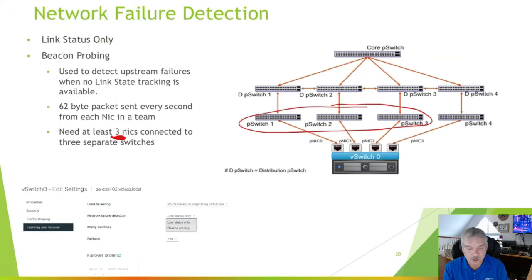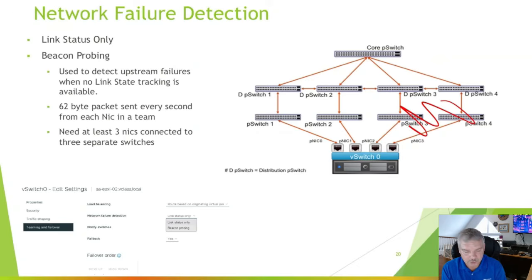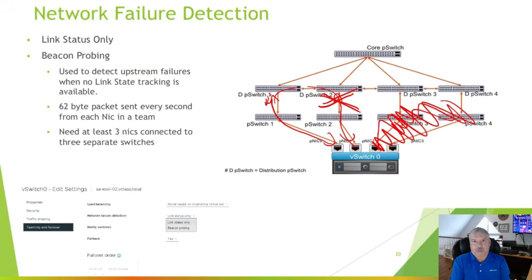That's the minimum. Imagine if you had just 2 NICs here, and you're doing beacon probing. Again, the packet has to go around to get back to the other NICs. Well, if you put a break in the cable here, which NIC is bad? I don't know, right? So it only works with at least 3 or more.